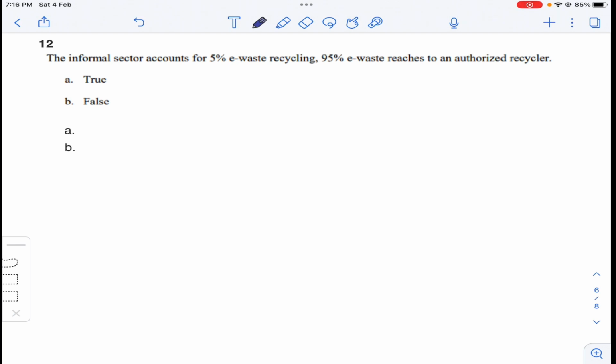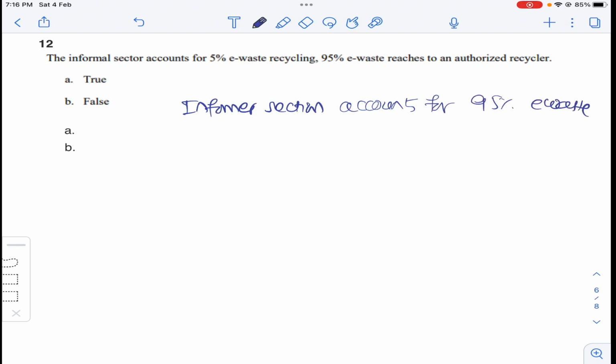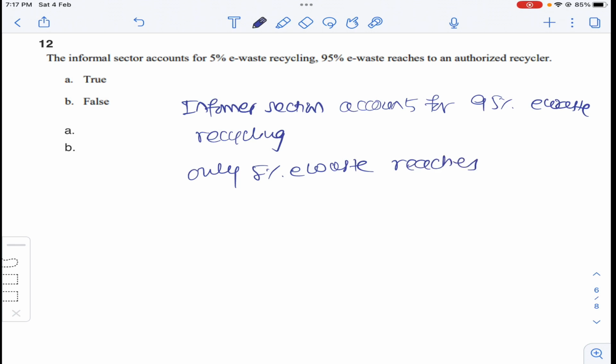That is, the informal sector accounts for 95% of e-waste recycling, and only 5% of e-waste reaches an authorized recycler.